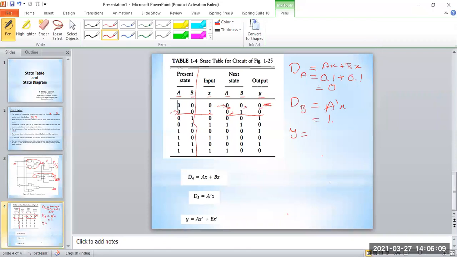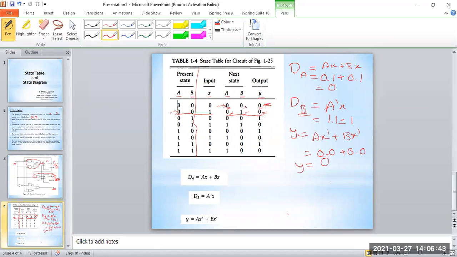So 1 into 1 is equal to 1. So dB is 1. Now coming to the y part. y's equation is ax complement plus b x complement. Now a is 0, x complement is 0, plus b, current state 0, x complement is 0. So finally we get y as 0.